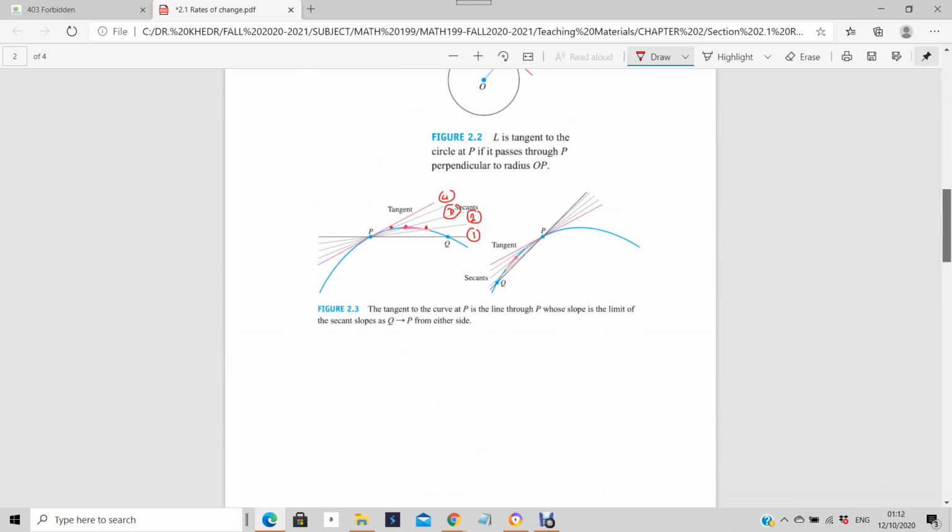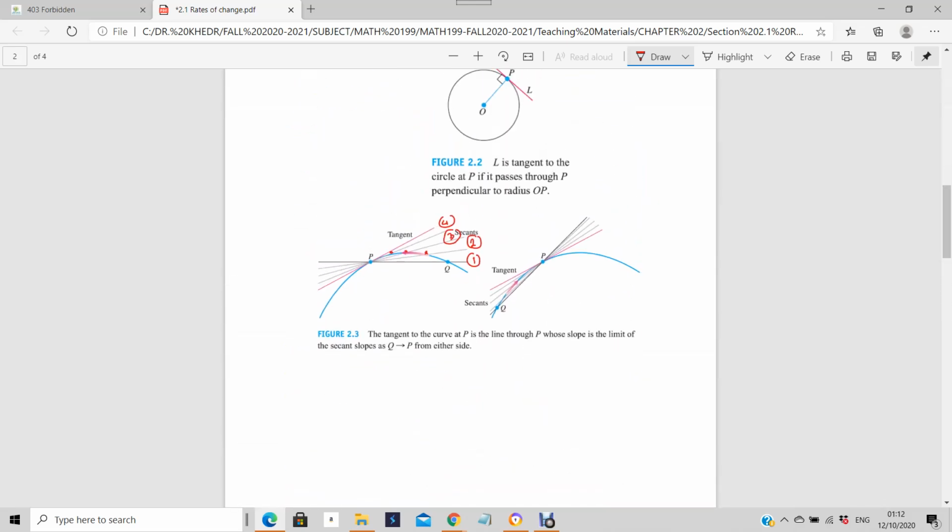Okay, so here in the second figure you can see Q is approaching P from the other side, from down. So in both figures here, if Q is approaching P, meaning h in the definition is approaching 0, then the slope of the secant line becomes the slope of the tangent line.